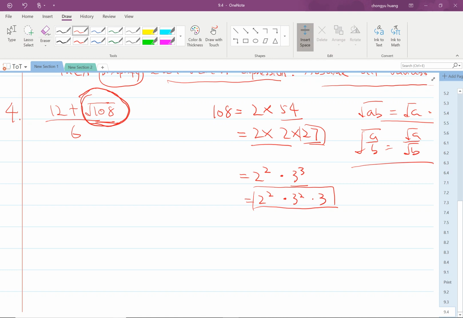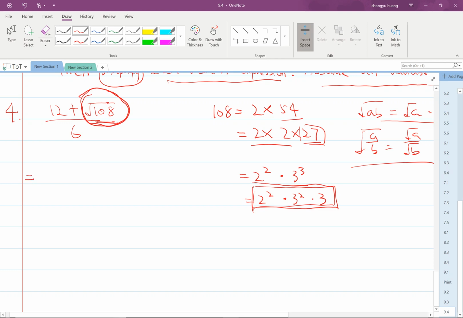If you want to simplify the square root of something, you want to make sure you have something to the power of 2. So over here, this is our best form.